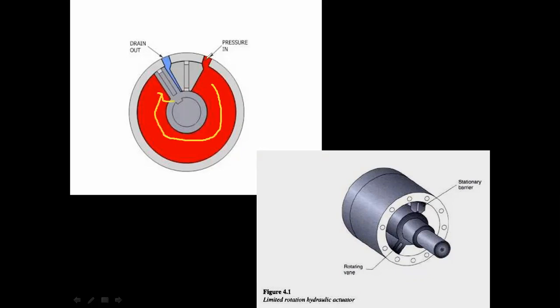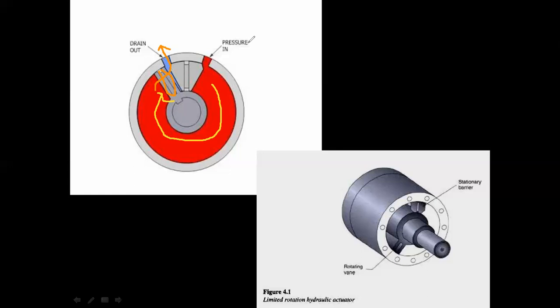What happens when the fluid enters this chamber with high pressure and strikes the veins? So this is the vein present here. It strikes the vein, and this vein tends to rotate. Due to this rotation, the fluid present here gets out in this space and is drained out.